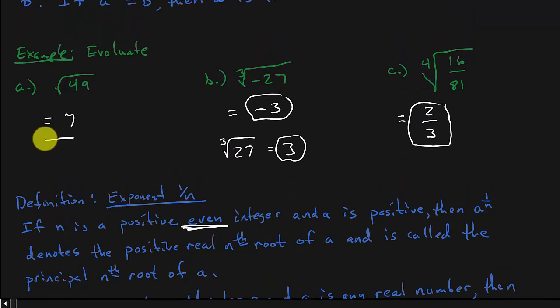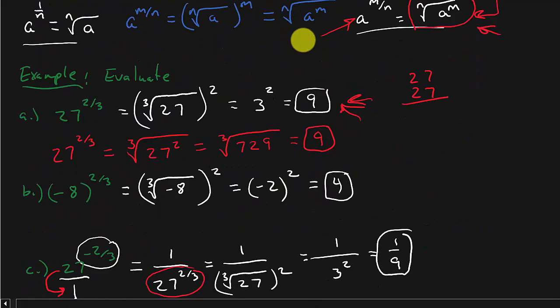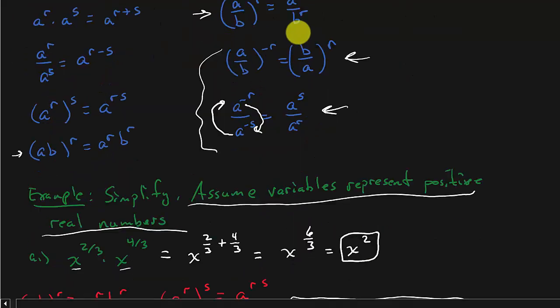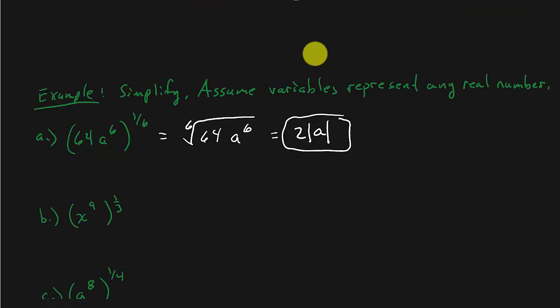Remember this problem, I told you if the index is even, then they want the positive answer. Okay? So that's exactly what's going on down here. Let's get back down here.